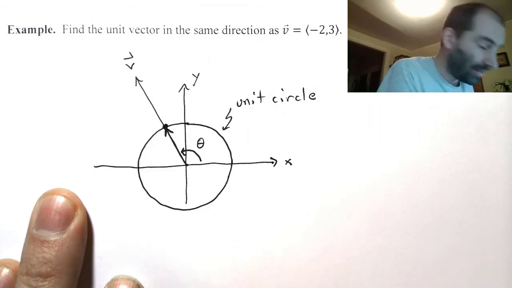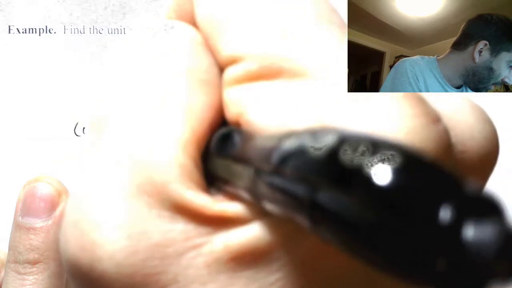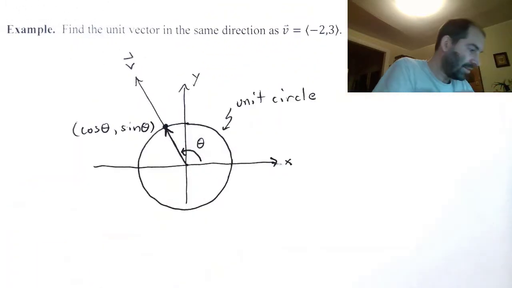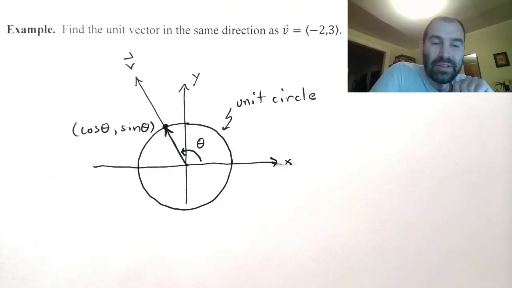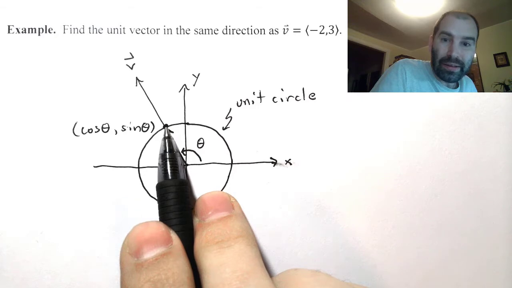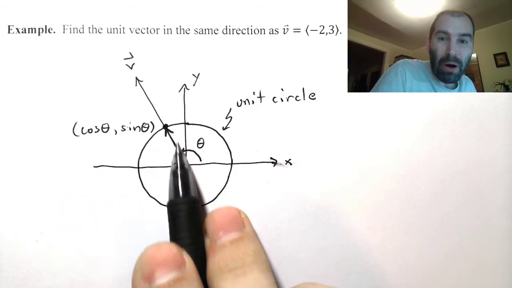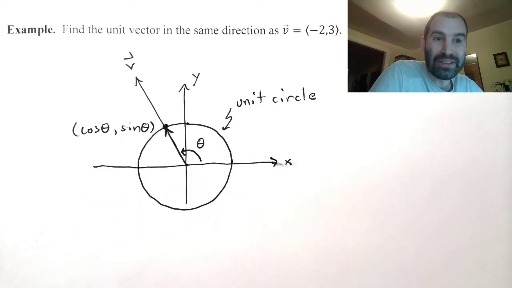All right, you got it? Yeah, this point has coordinates cosine theta, sine theta. The coordinates of this point form the components of this vector because the vector's in standard position.